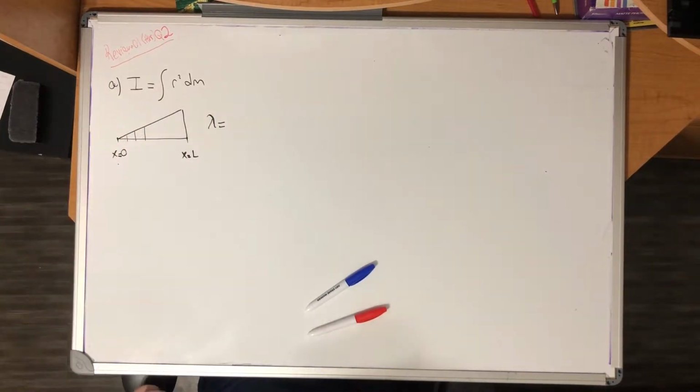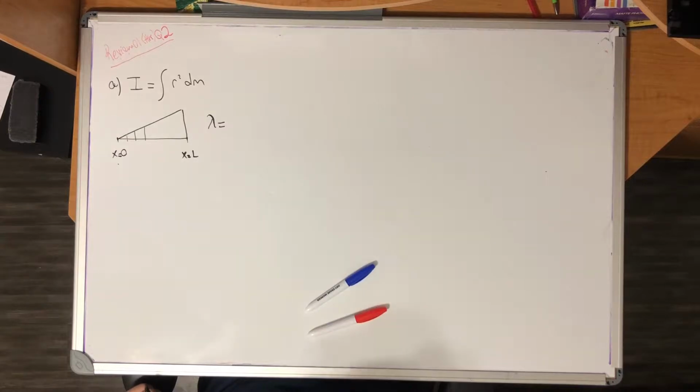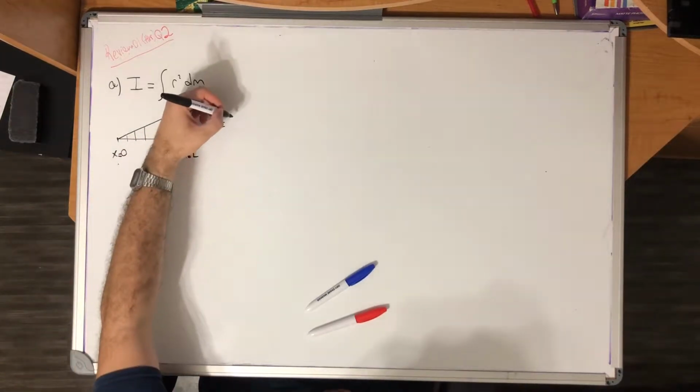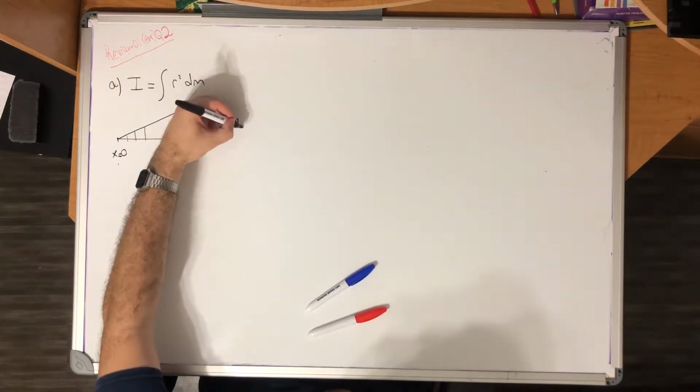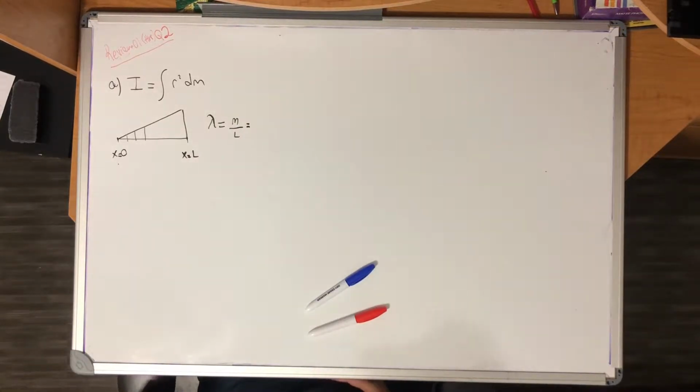So you're going to have more and more mass per length, and that's the meaning of lambda. It's like density. If you think about density, it's mass per volume, and lambda is mass per length.